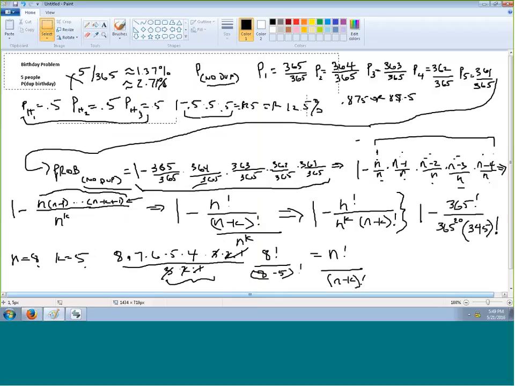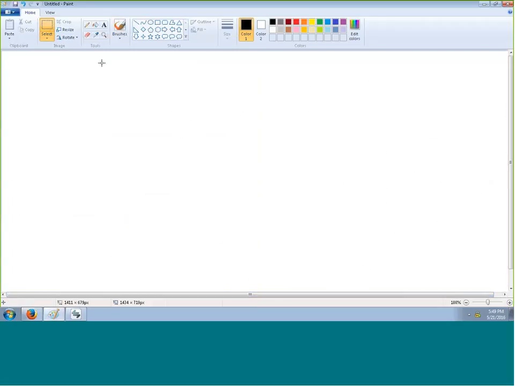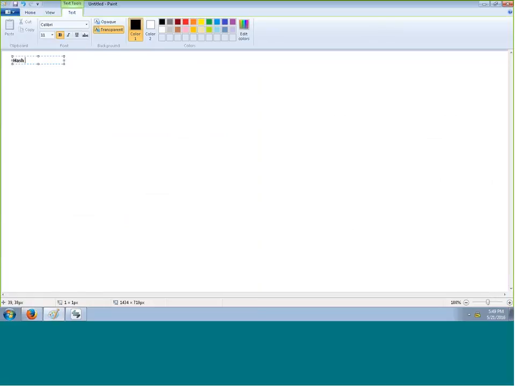So how does the birthday problem relate to hashing? Well, let's say that we have a hash function that has an output of 32 bits. And so that means we'll have a universe of 2 to the 32 outputs, so our output size.